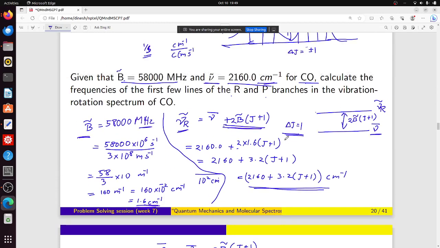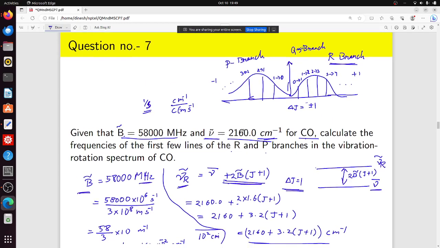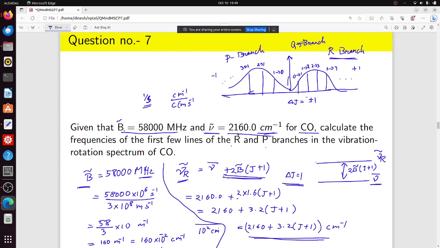Okay. So this ν̃ was given to be this much value, and the system is carbon monoxide.